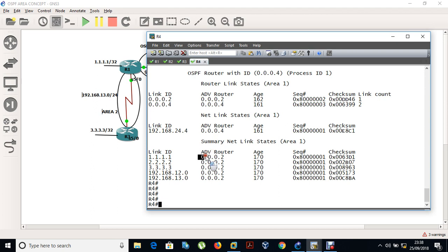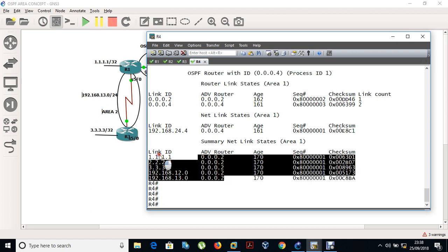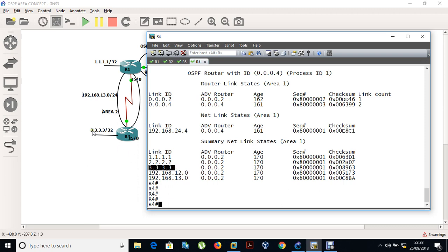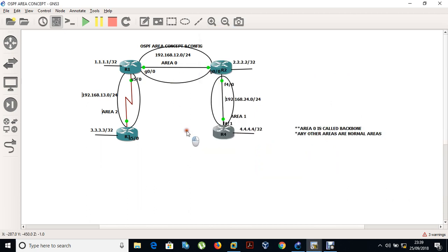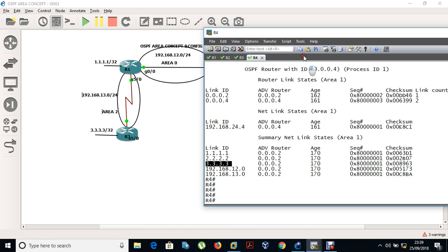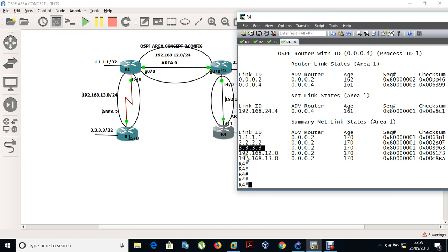And you can see R2 is advertising all these networks, including the R3 network, because anything R1 learns from here, plus anything learned from OSPF, R2 will advertise to R4 to give the full information. So that's what it is. Now R2 advertised, because this is the R2 router ID, it is advertising 3.3.3.3 that R1 advertises to R2, and R2 is advertising to R4.